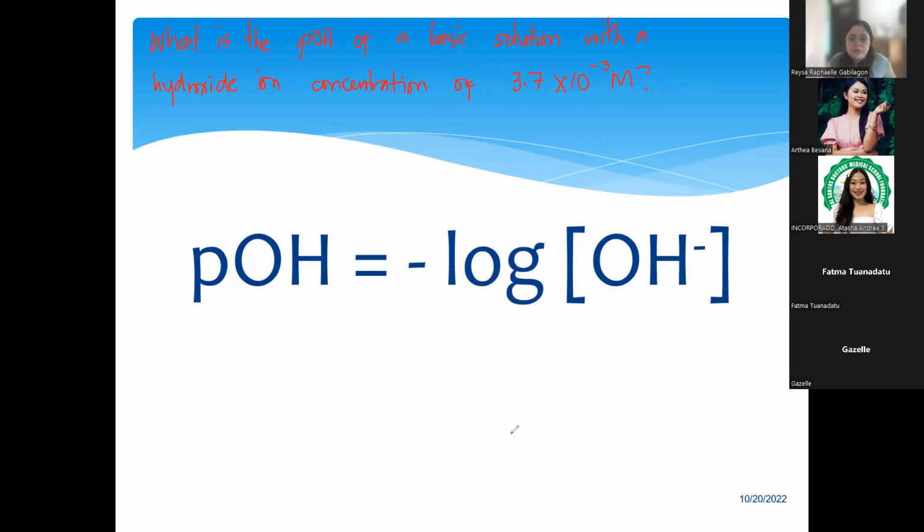Go ahead, compute what is the pOH. 2.43. Are you sure? 2.43.